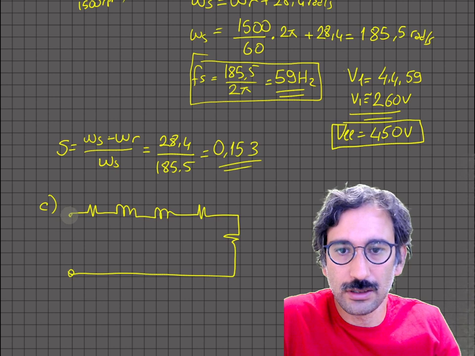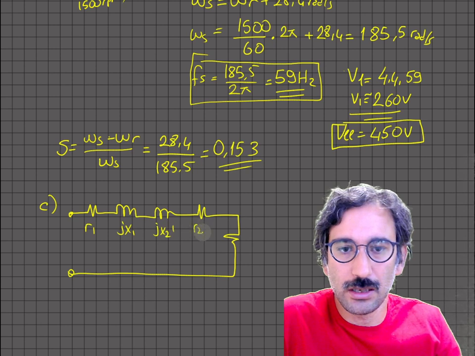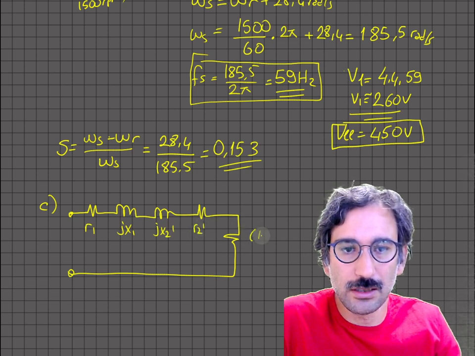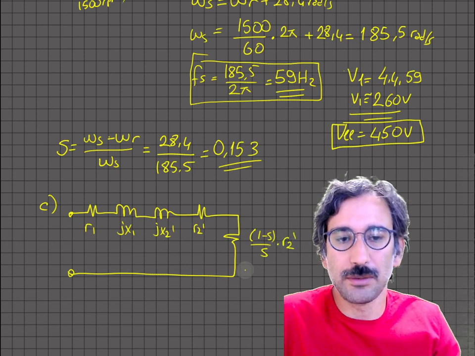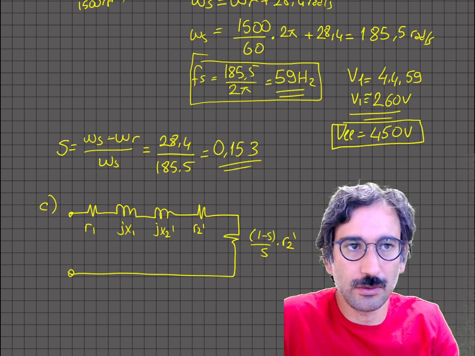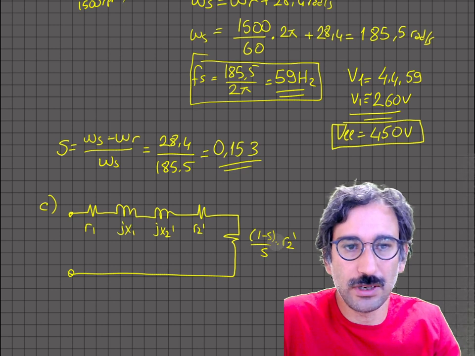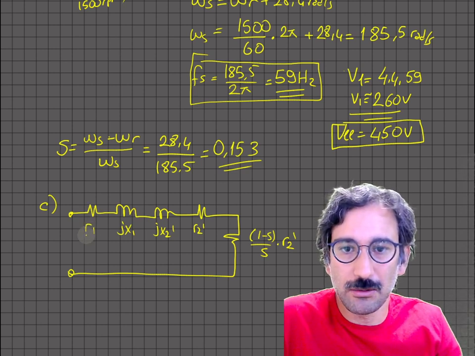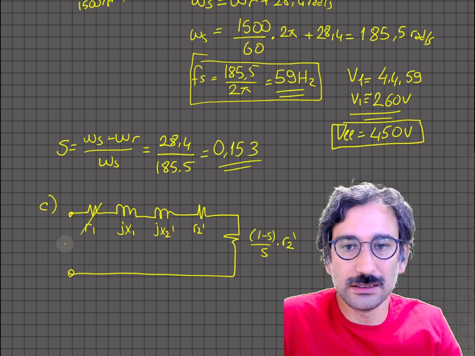I have R1, jX1, jX2 prime, R2 prime, and (1 minus S) over S times R2 prime. So I know the value of S, which is 0.153. R1 probably is not given, or it can be neglected.